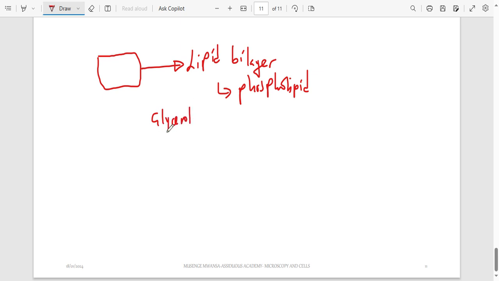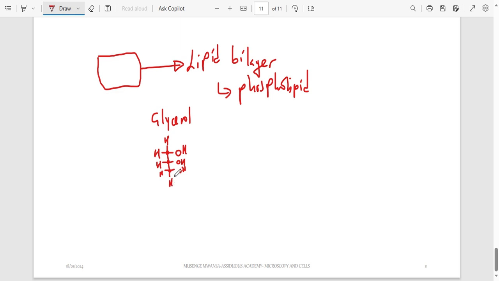We'll talk about this when we talk about biomolecules. Glycerol is a compound like this. It has got OH, OH, OH. So there is a carbon atom here, there's a carbon atom here, there's a carbon atom. So the carbon atoms are bound to OHs, hydroxides, and then the rest of the atoms are hydrogens.